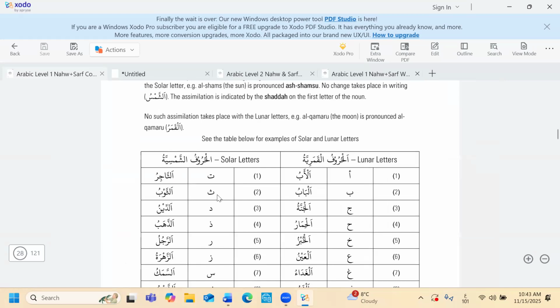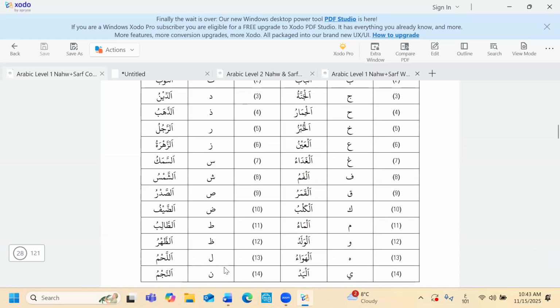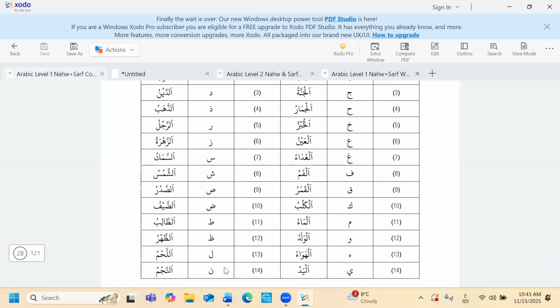Okay, that's one way of figuring it out, but there's a list here. At-tajiru, ta, tha, dal, dha. Most of these letters come from the tip of the tongue touching the teeth, or like dad, from the side of the tongue.